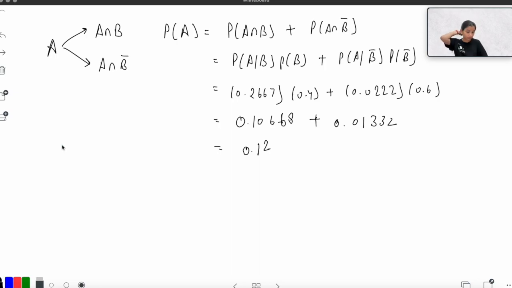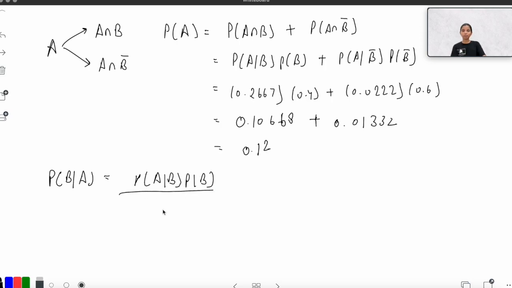Okay, now what is our aim? We need to find out the posterior probability, right? That the article is fake given that it uses an exclamation point. That means we want to find out probability of B given A, which is equal to probability of A given B, probability of this event B upon probability of A. Now we just need to put the probabilities corresponding to each of them. We have already calculated it.